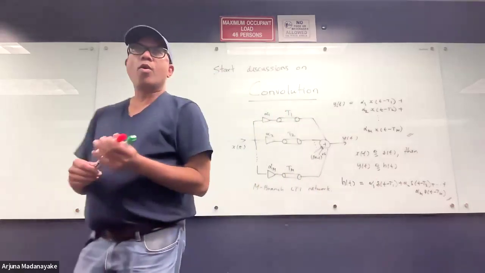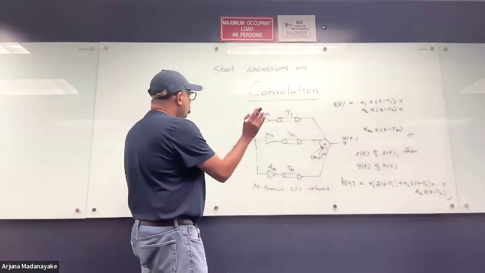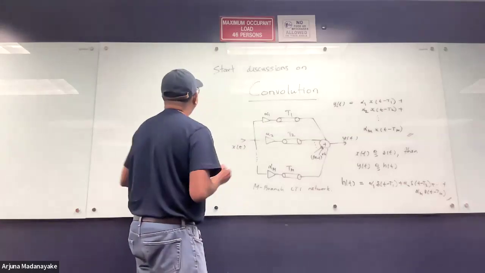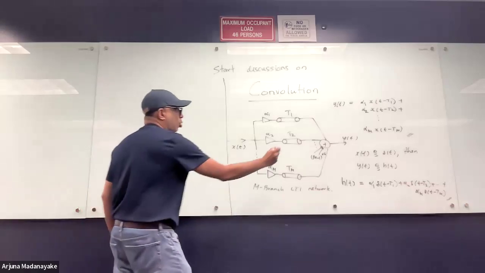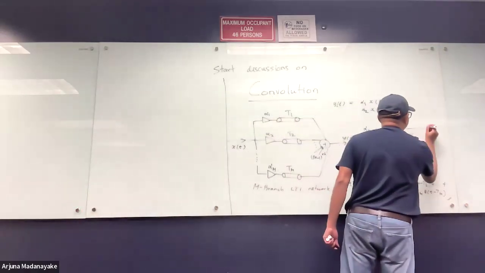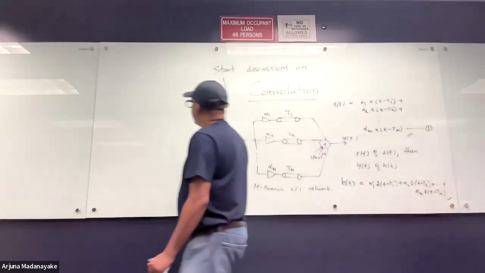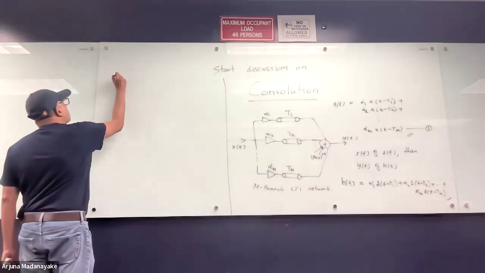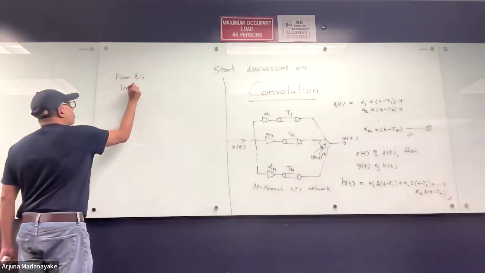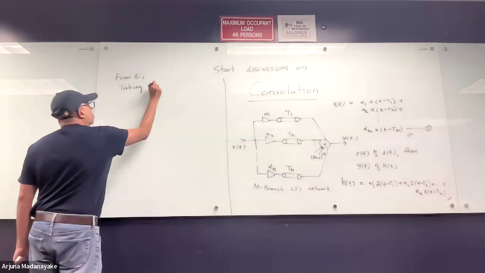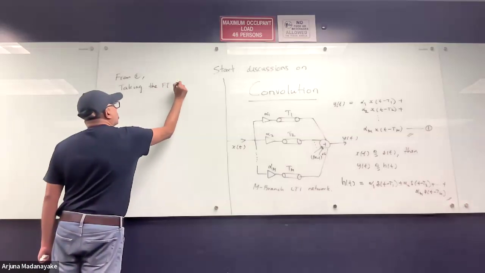The final thing that we want to do is take this first expression. I'll start here. I'm going to call this expression 1, and from 1, take the Fourier transform of 1.